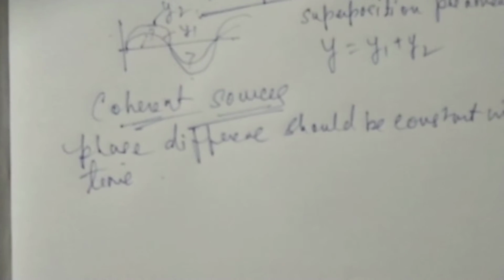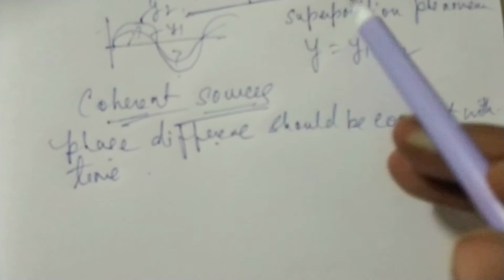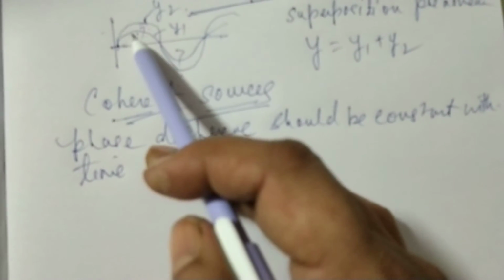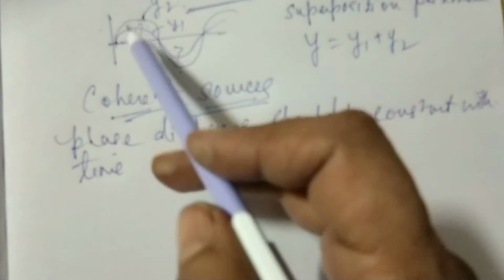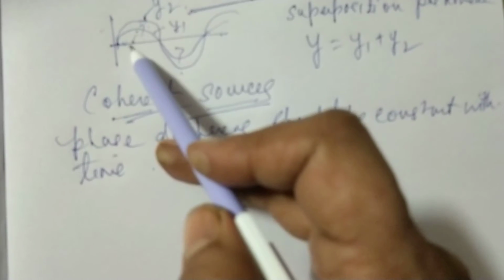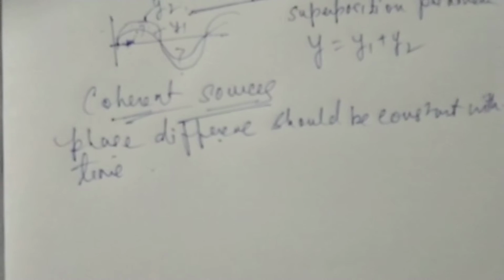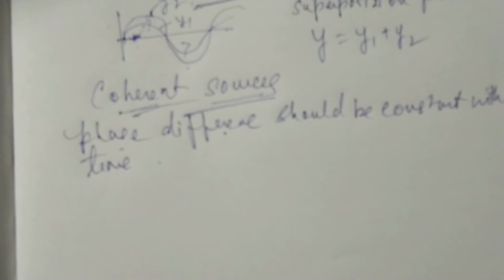So the main criterion for coherent sources is that the phase difference between the two waves is constant. Let us assume this is one wave, and another wave is not starting here but somewhere from here. So there exists a phase difference between the two. If it is, for example, 30 degrees, then it should be constant with time.